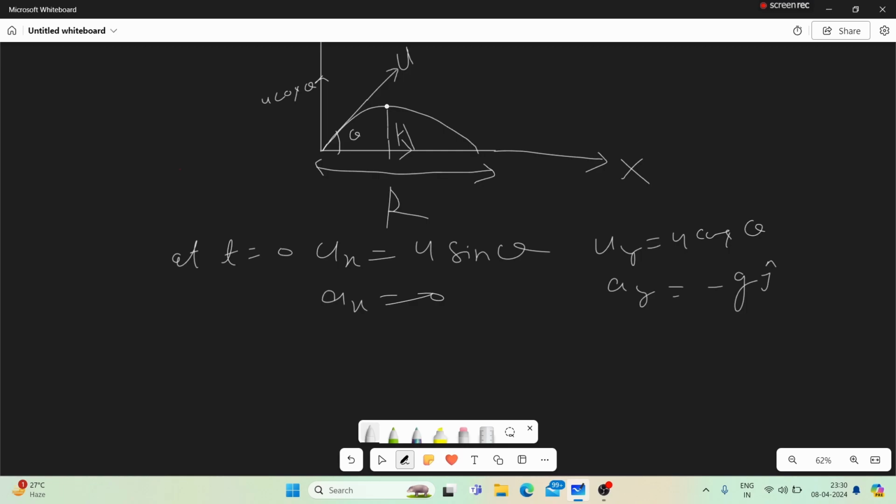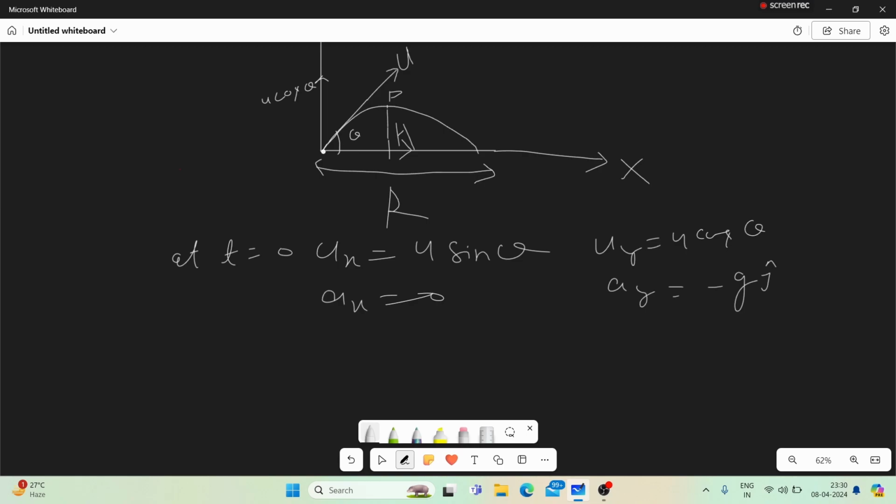At the highest point, that is this top point, we can say at the point P, the total velocity is along the x direction. Since the x component of velocity will never change, it will be constant, because there is no force along the x-axis.